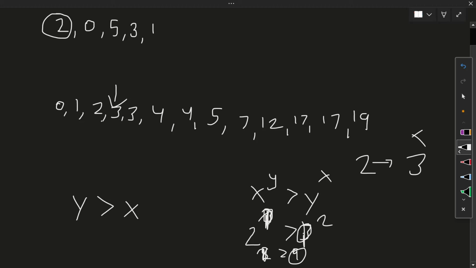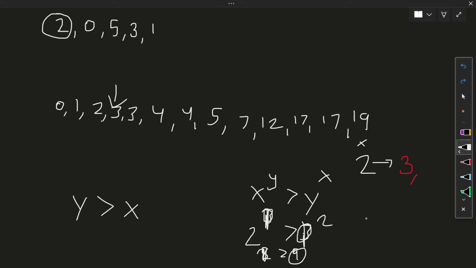What about 2? So 2 is not correct. So for x as 2, 3 is not correct. Let me write with the red pen. So 3 is not correct, 0 is correct, 1 is correct, 2 is not correct. So we have to find all the values on the right hand side. In this case, 3 is not correct.